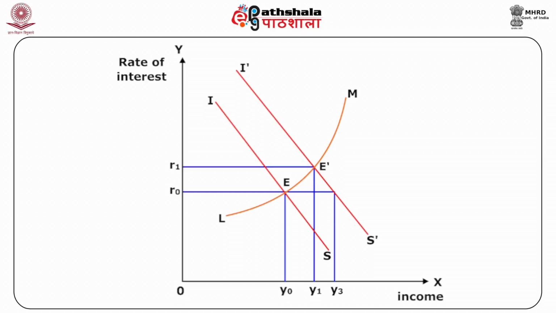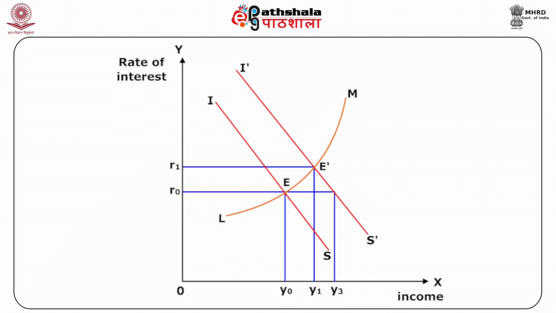But suppose government expenditure increases. When government expenditure increases, the IS function shifts outwards or rightwards, and the new IS function is I prime S prime. I prime S prime intersects with the existing LM function at a higher level, which is E prime. The rate of interest has gone up from R0 to R1, and correspondingly the level of income has gone up from Y0 to Y1.